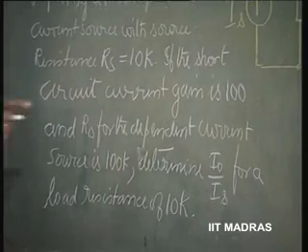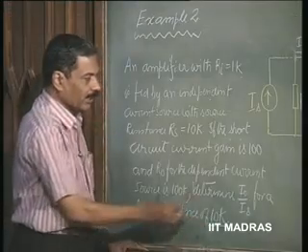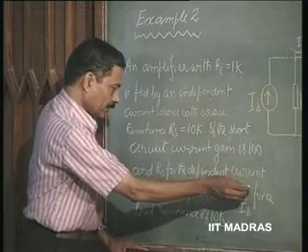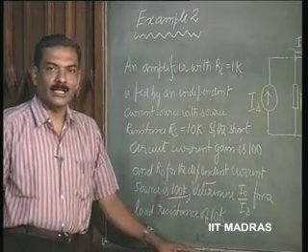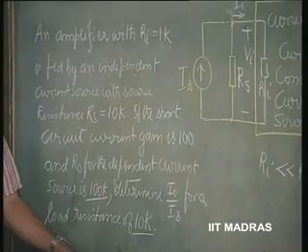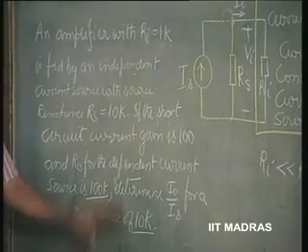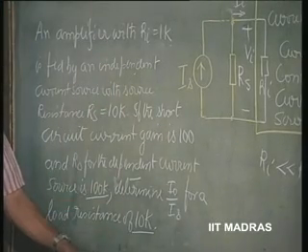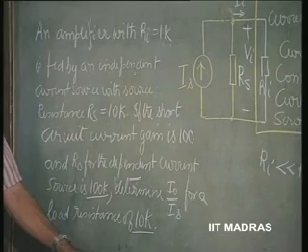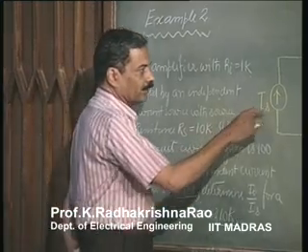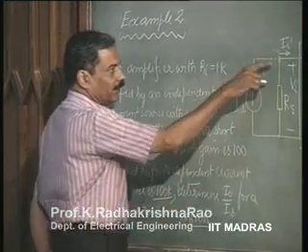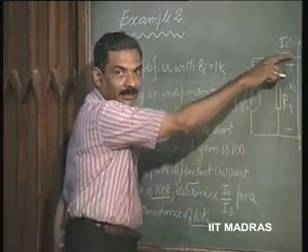Since the load resistance is 10 kilo ohm and the output resistance of the current source is 100 kilo ohm, it can be declared as a current source. So this is definitely a current amplifier, and we can solve this problem by saying that the current Is is going to be divided between the two resistances.